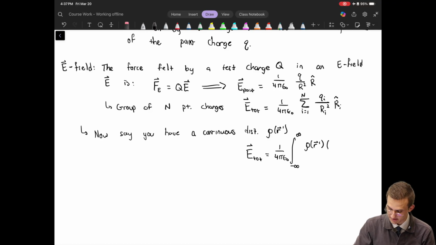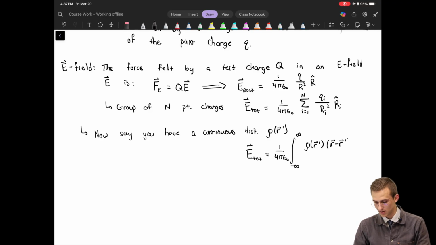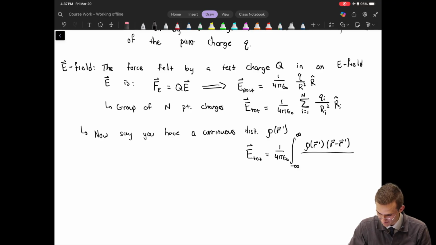Now it's time for the gory detail. We're going to have R minus R prime, not normalized. So I'm basically bringing the magnitude back into the numerator, and for that reason, on the denominator, I have to put the magnitude of R minus R prime cubed.